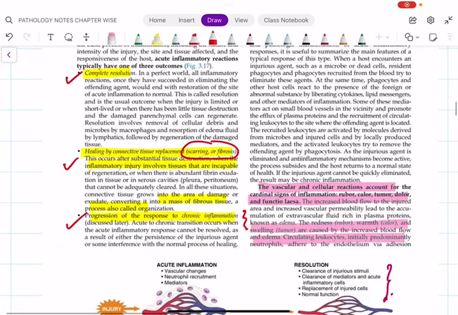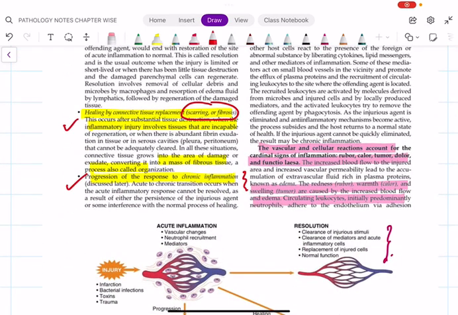This is very, very important. It's the VVIP three points. What are the outcomes of acute inflammation except? Remember these points: resolution, progression to chronic inflammation, or healing by scarring or fibrous tissue.